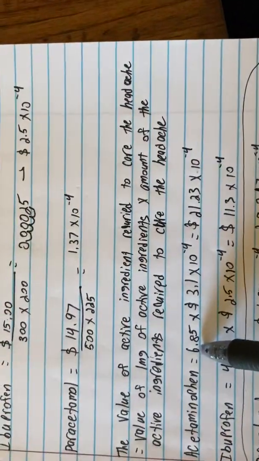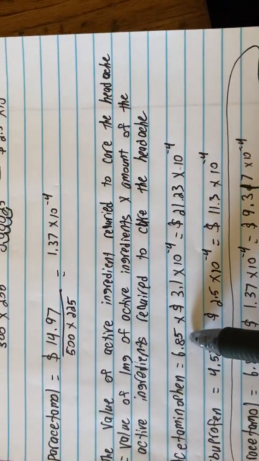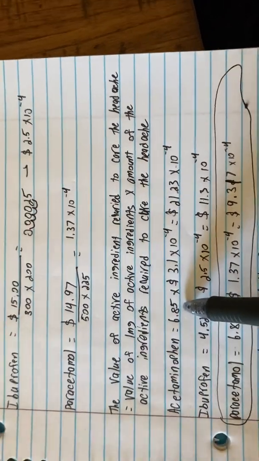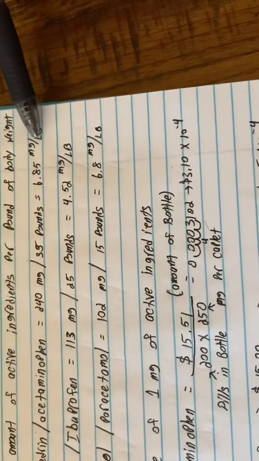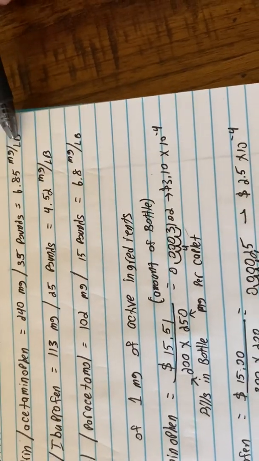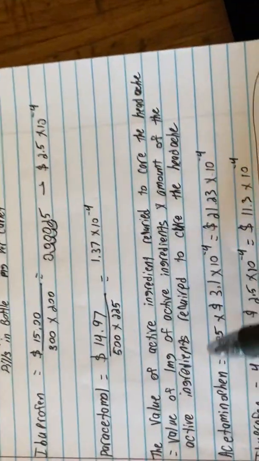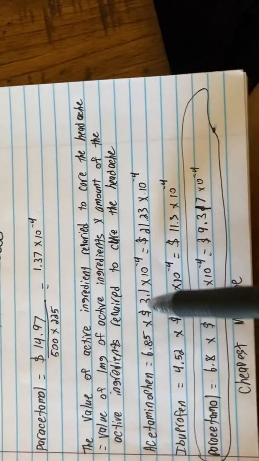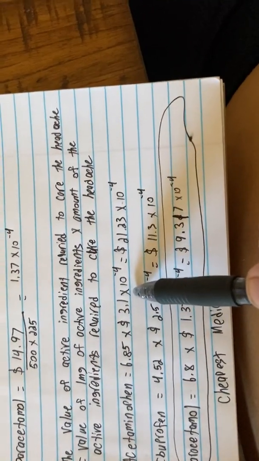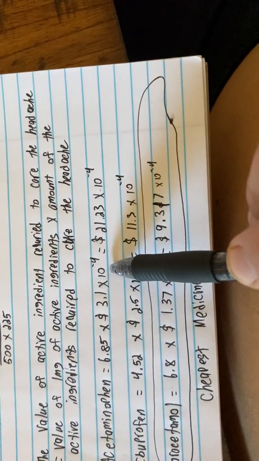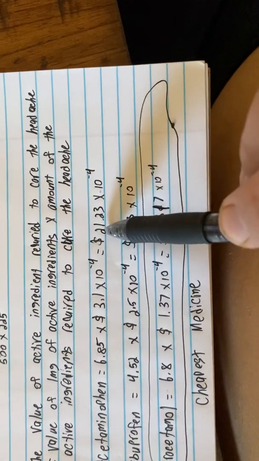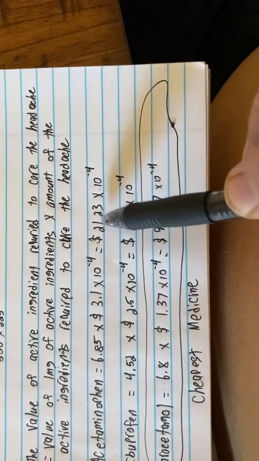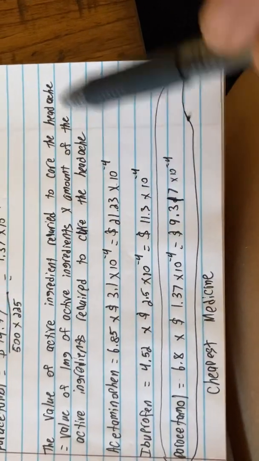We have 6.85 that we had gotten from up at the top, which is milligrams per pound, times 3.1 times 10 to the -4. It comes out to 21.23 times 10 to the -4.